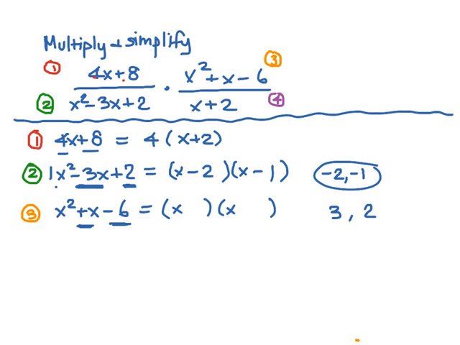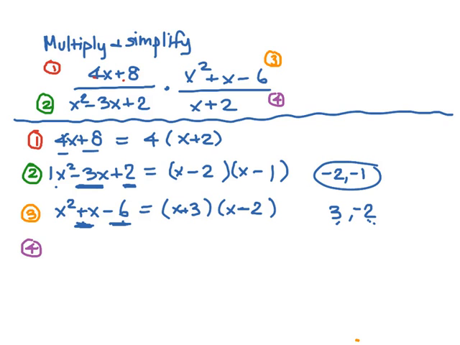But I want a negative 6. So one of these factors has to be negative, and one of them has to be positive. And because they have to add up to be a positive 1, my 3 is bigger, right? So my factors are 3 plus negative 2 gives me a 1, so that works. 3 times negative 2 gives me a negative 6. So my factors are plus 3, minus 2. Okay, home stretch. Almost there.